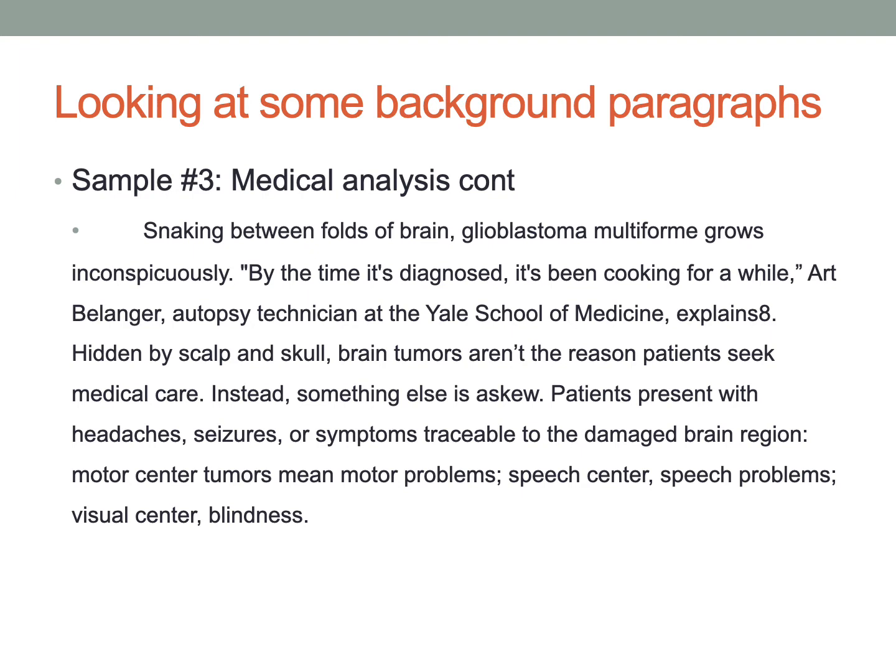Motor center tumors mean motor problems, speech problems, visual center blindness. So they're giving us a nice summary of the symptoms, and again, written for an audience that are not specialists. If this were an article written for surgeons or neurologists, of course, you could use the very specialized language of the DSM-5 or other kinds of medical research on this kind of tumor.